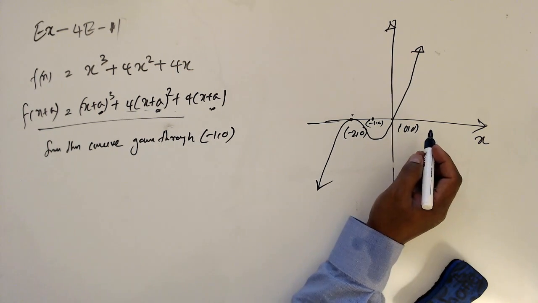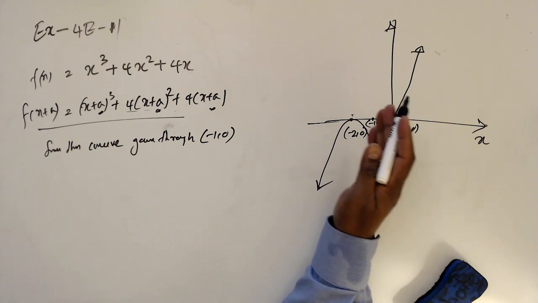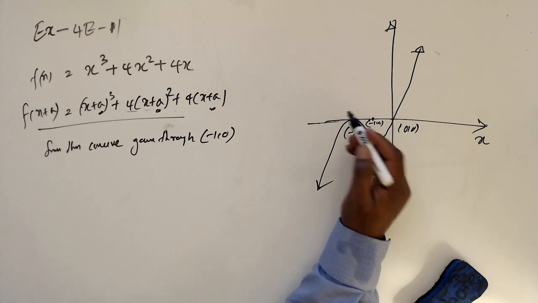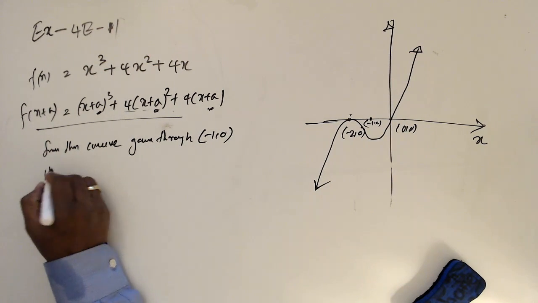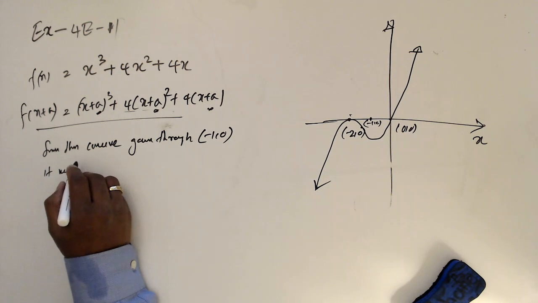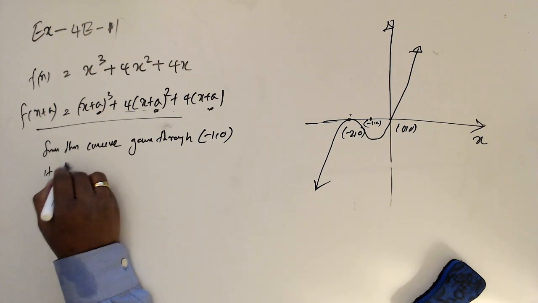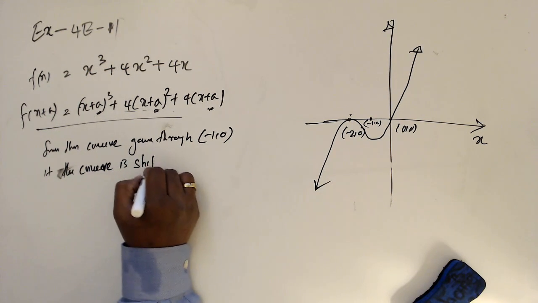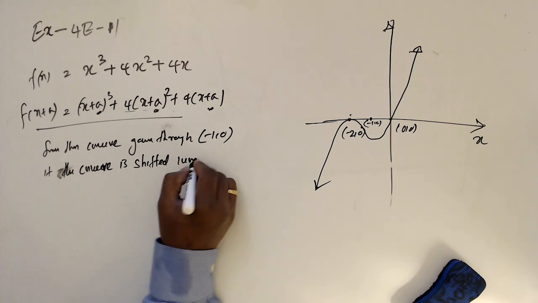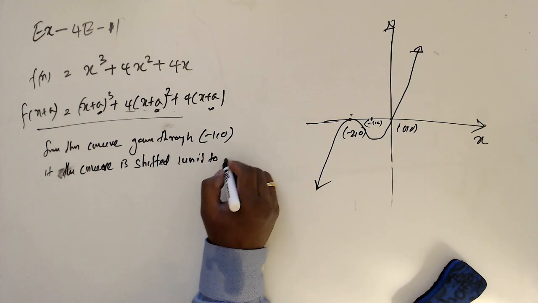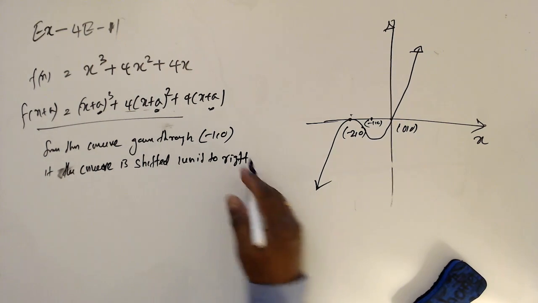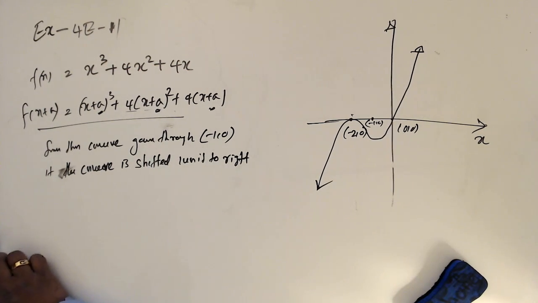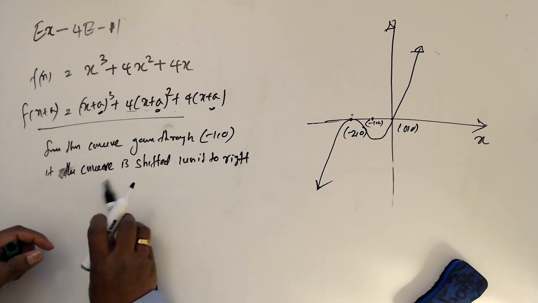Assume that the curve is shifted 1 unit, I'll go right first, to the other side. Now the curve is this one.